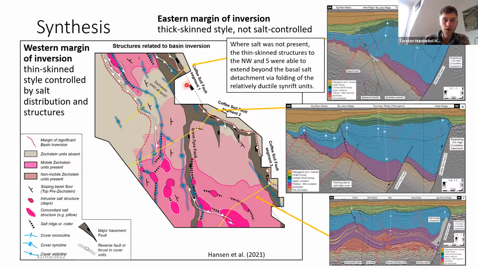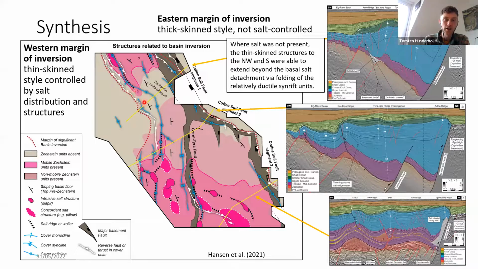Yes, we have this area up here where we basically have no salt, and I think the inversion-related deformation here in the cover unit is still decoupled from the subfault. And I think that's basically because not too far to the south, we have nicely salt-attached inversion structures, and also to the northwest.